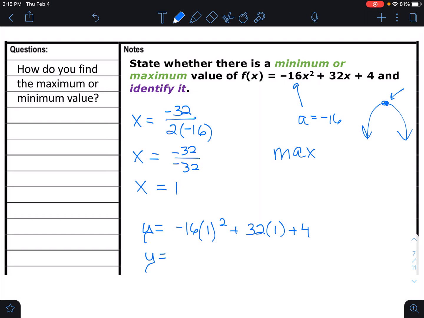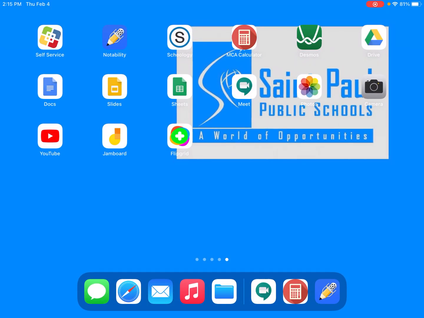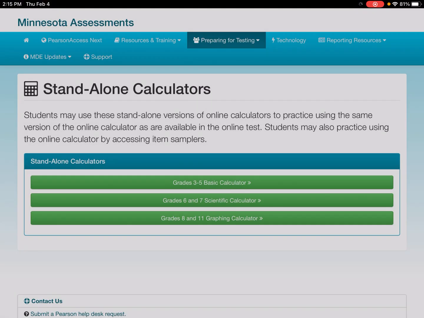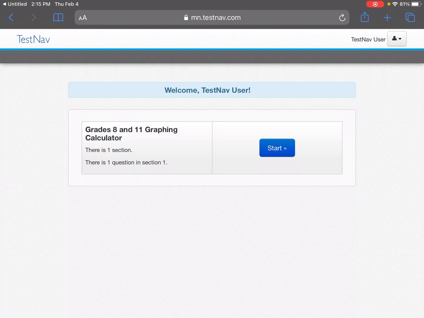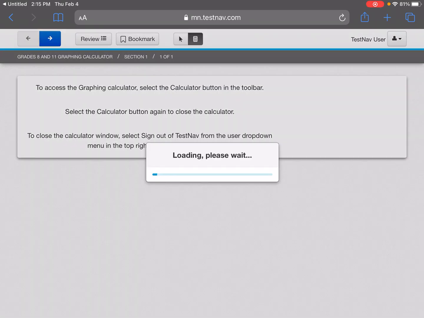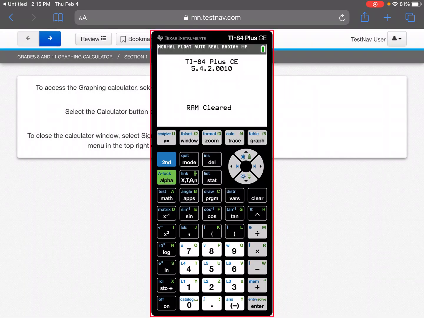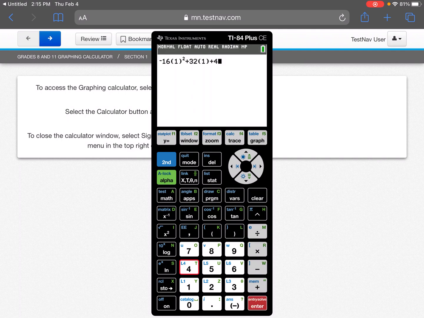Now, the best way, you can just type this into your calculator exactly how you see it. Okay, so I'm just going to type in negative 16 in parentheses 1 squared, don't forget the squared, plus 32 times 1 plus 4. That's 20.